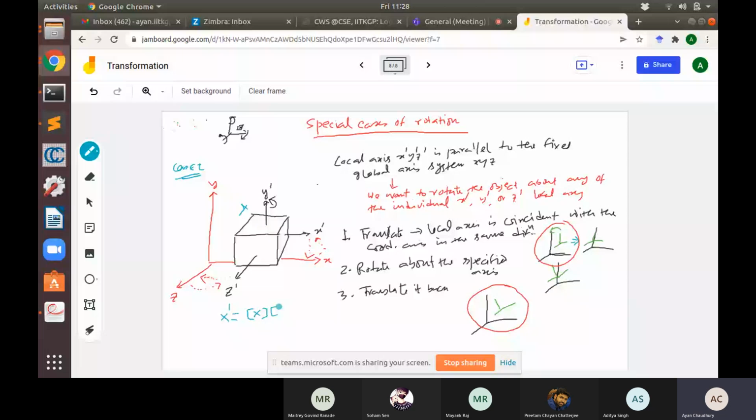Okay, then we do the rotation in this case around y-axis, so Ry, and then we do the translation inverse. That's it. So this is my formula for the transformation in this case.